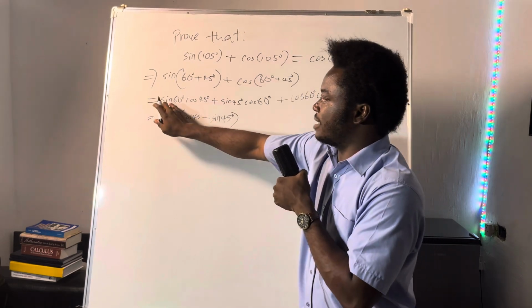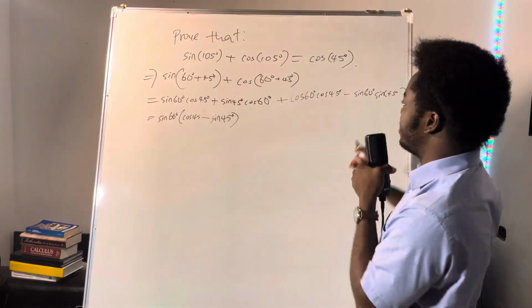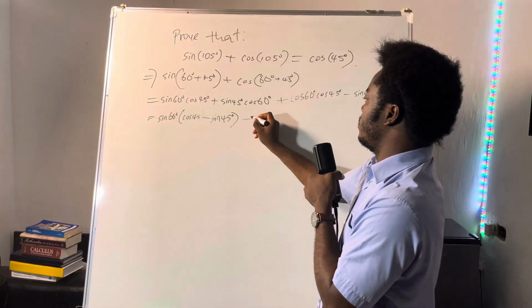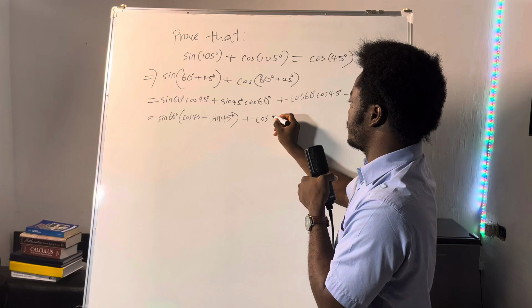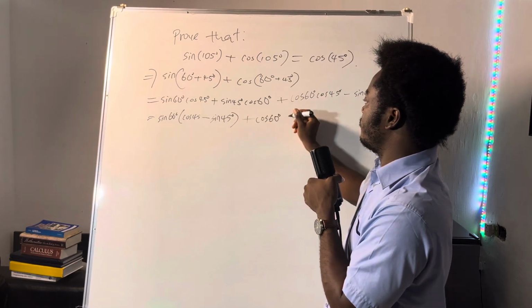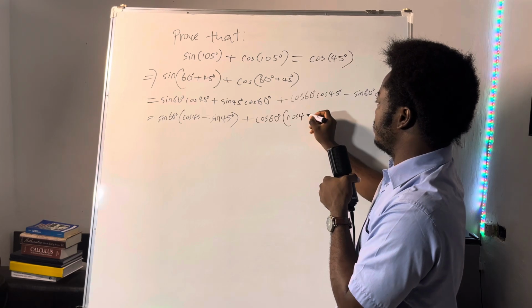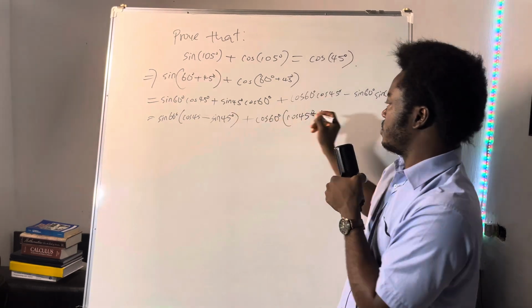So we factor out the sine 60 in here and the sine 60 in here. Let's factor out the cos 60 here. If you do that, you will have cosine 60 degrees, then you have cosine 45 degrees as here plus sine 45 degrees.